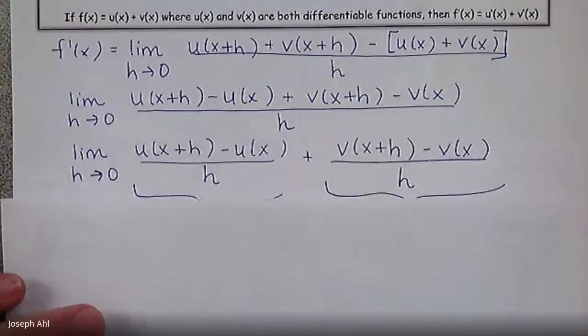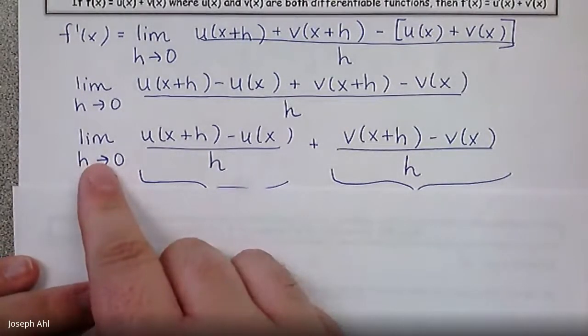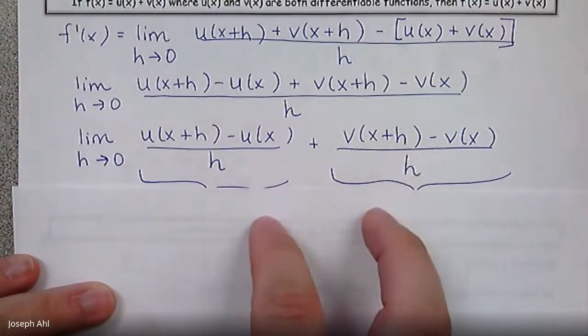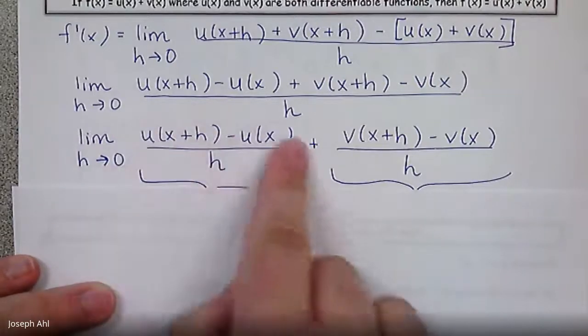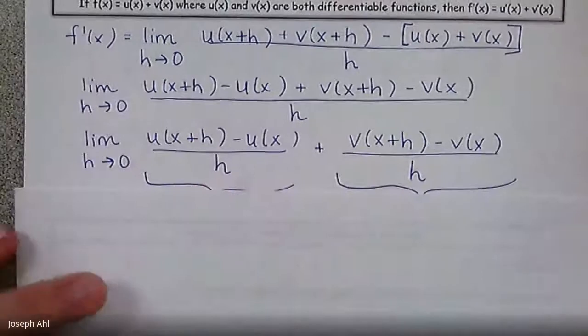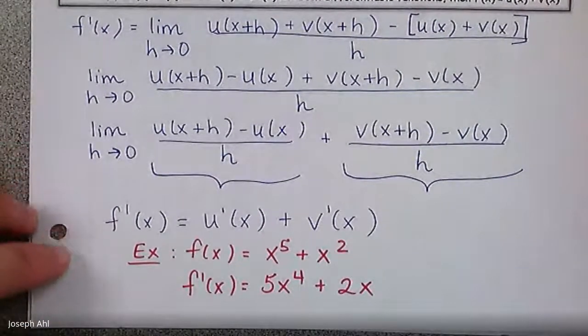You can then separate it into two fractions, they have the same denominator of h, so that's okay. And again, it's because the limit of a sum is equal to the sum of the limits that this rule even works. So from here, we can say that's u prime of x, this is v prime of x, and therefore f prime of x equals u prime plus v prime.